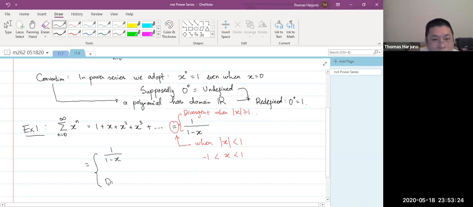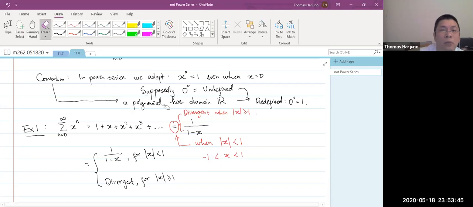There are two possibilities. Okay, now it's convergent to 1 over 1 minus x for absolute value of x less than 1, and divergent for absolute value of x greater than or equal to 1.